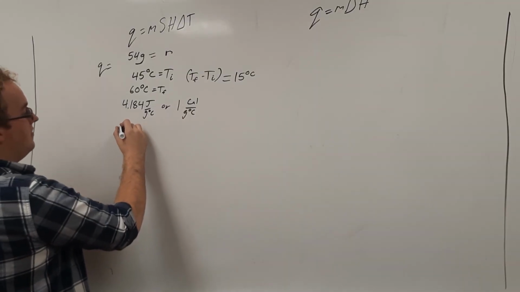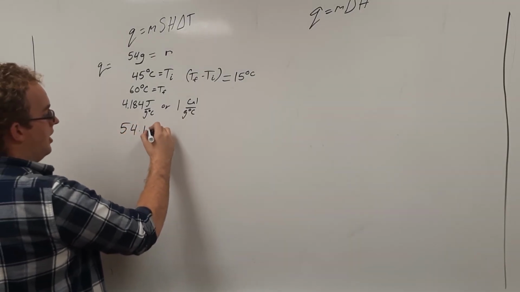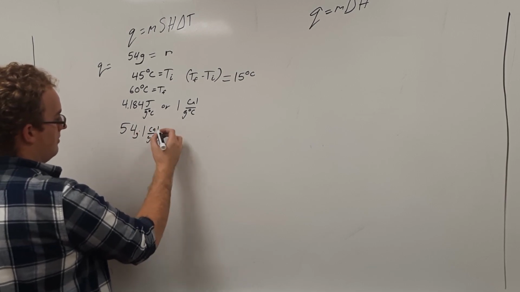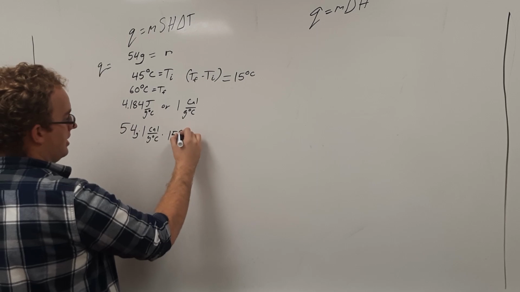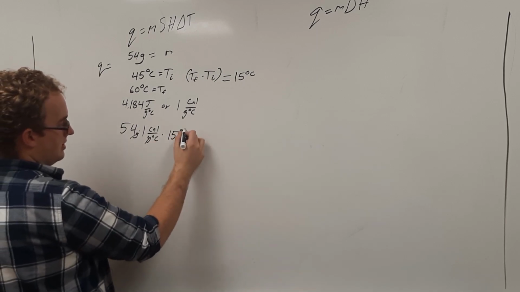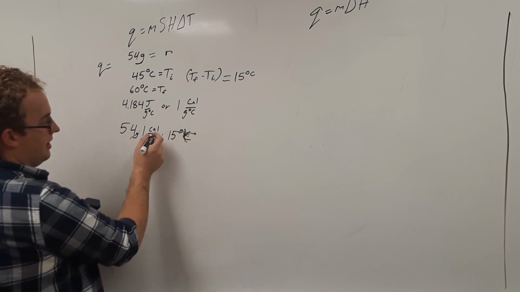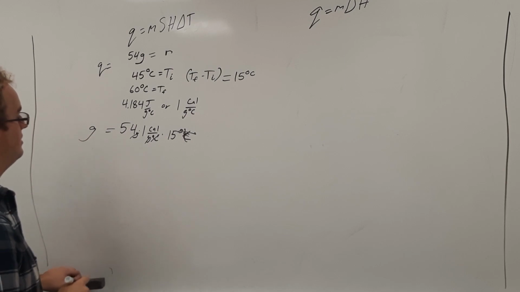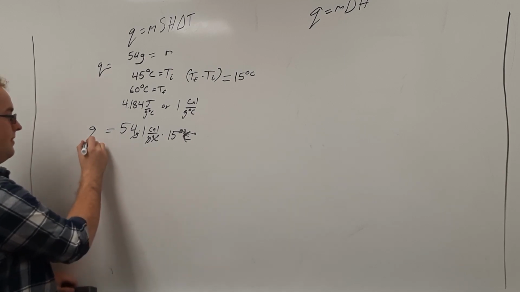So I plug in 54 grams times 1 calorie per gram degrees Celsius times 15 degrees Celsius. You'll notice that the grams cancel out and the degrees Celsius cancel out as well, and we're left with just a unit of calories. If you multiply those numbers, that's our Q.